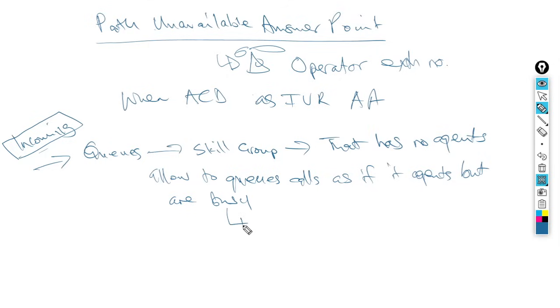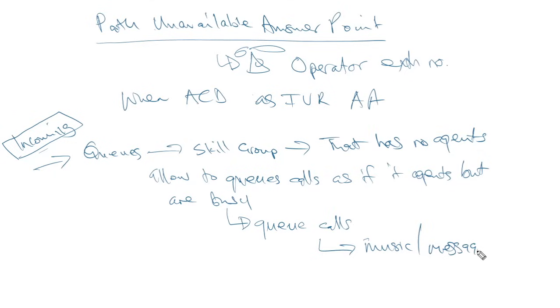And we said when a queue has agents that are busy, it will queue the calls. And we said when calls are in a queue, music or a message can be played to them.